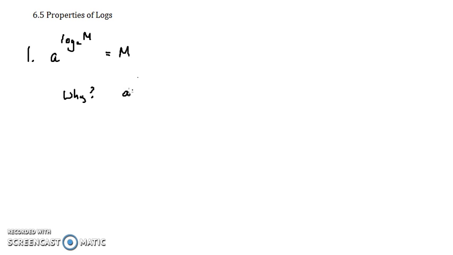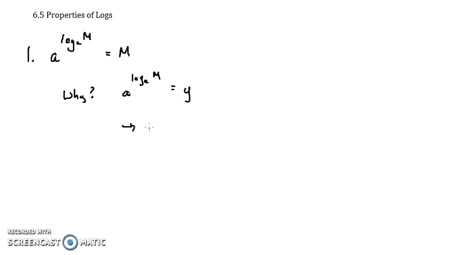So let's say we have a to the log base a of m, and we want to know what that's equal to. We'll just say that's equal to y because we don't know yet. When we convert this to logarithmic, ignore this stuff in here, this is just an exponent. So we've got a to the something is equal to y.